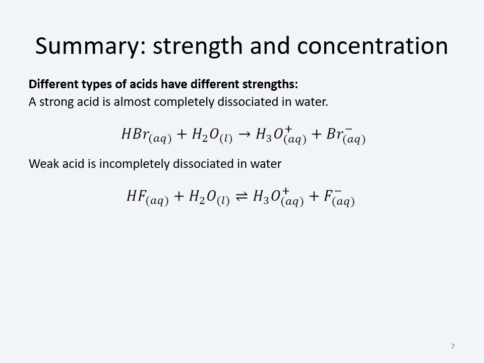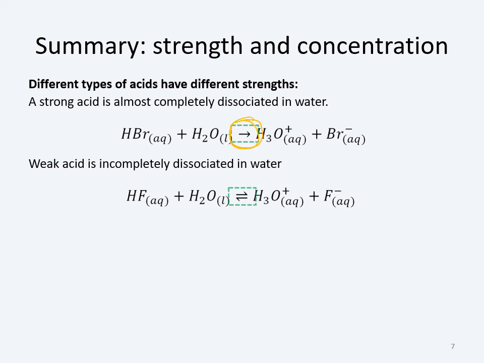Just to summarize, we've talked about both strong and weak acids, and we've said that a strong acid is going to almost completely dissociate, or completely dissociate in water if it's a superacid. In that case we can show that with a direct reaction arrow that you're familiar with.